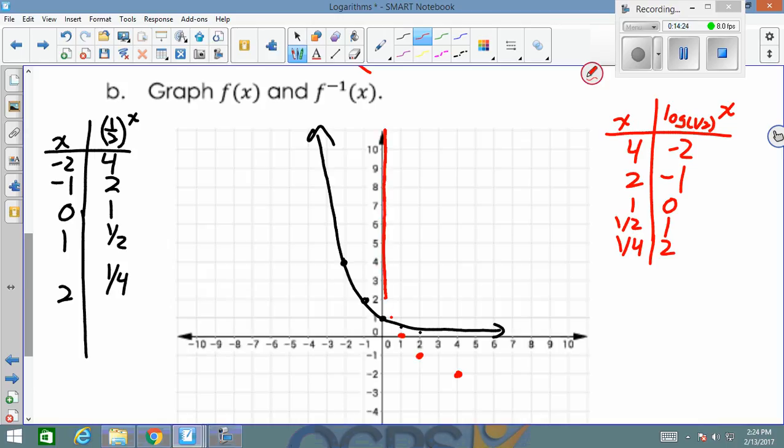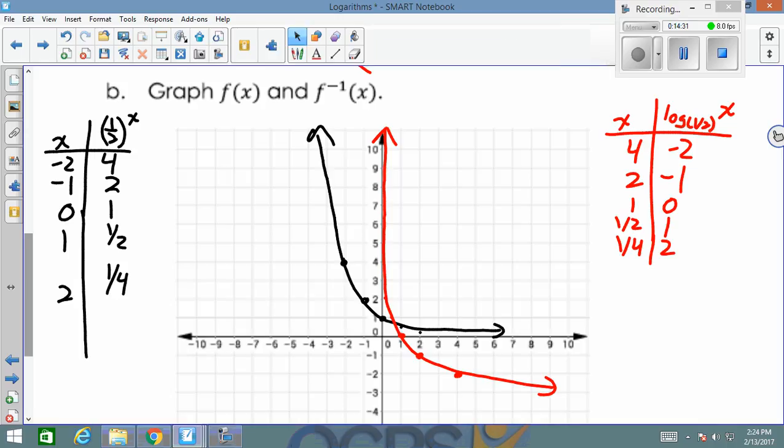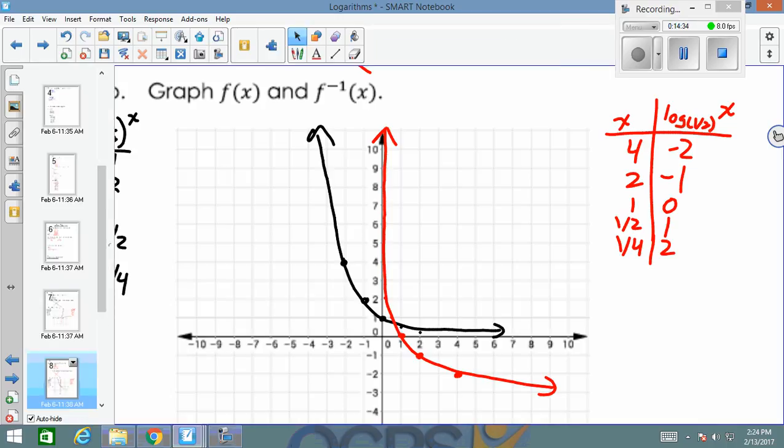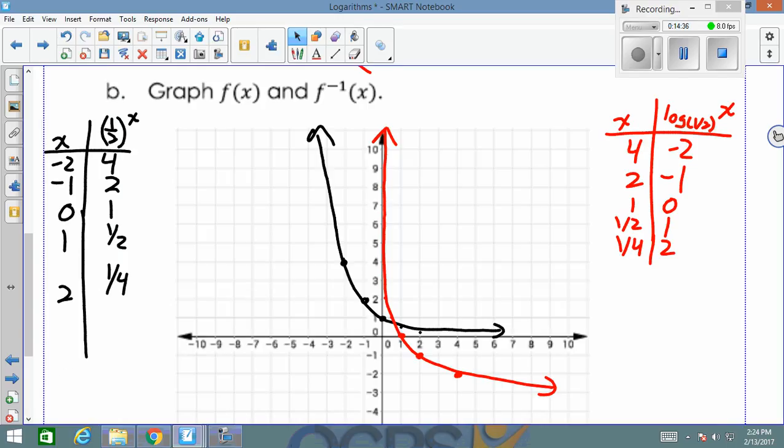Okay, and notice it's the same type of function, it's still the same direction of these logarithmic functions.